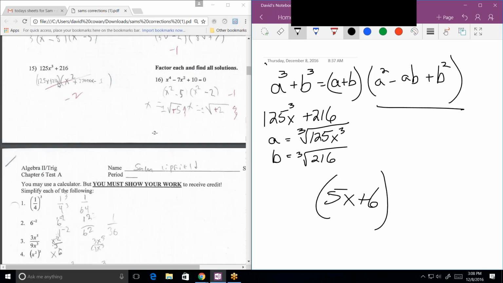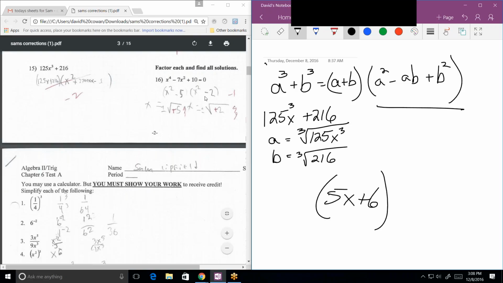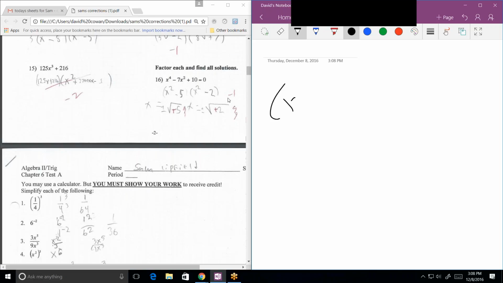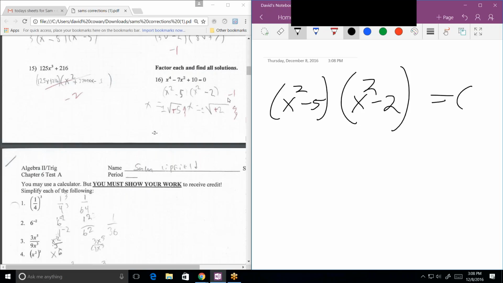Now on 16, I see you make this mistake a lot also. So let's clarify this. You got the hard part correct. You got it down to this. All of that equals 0. So what that tells you is either that's equal to 0 or that's equal to 0.